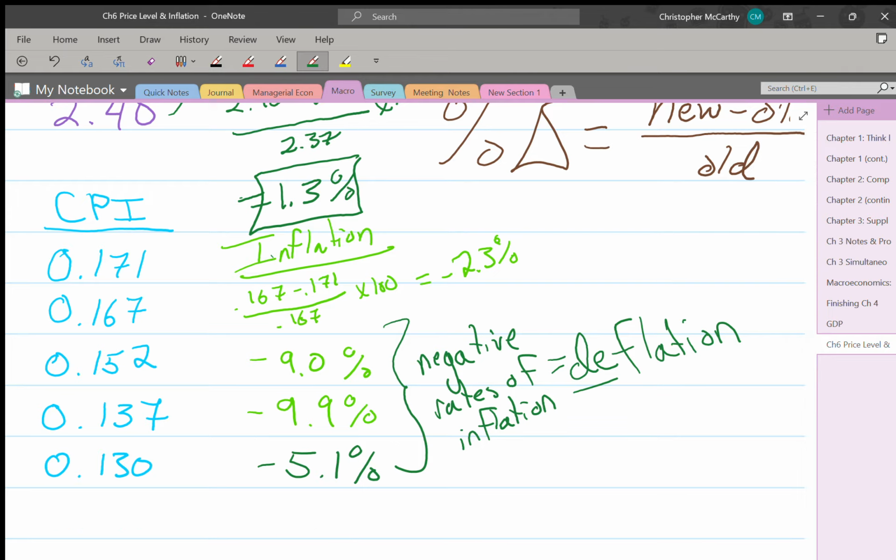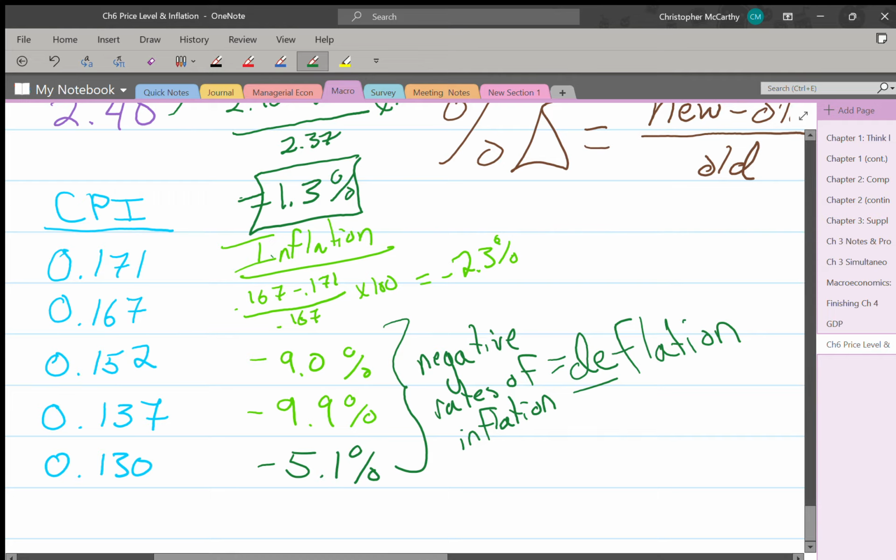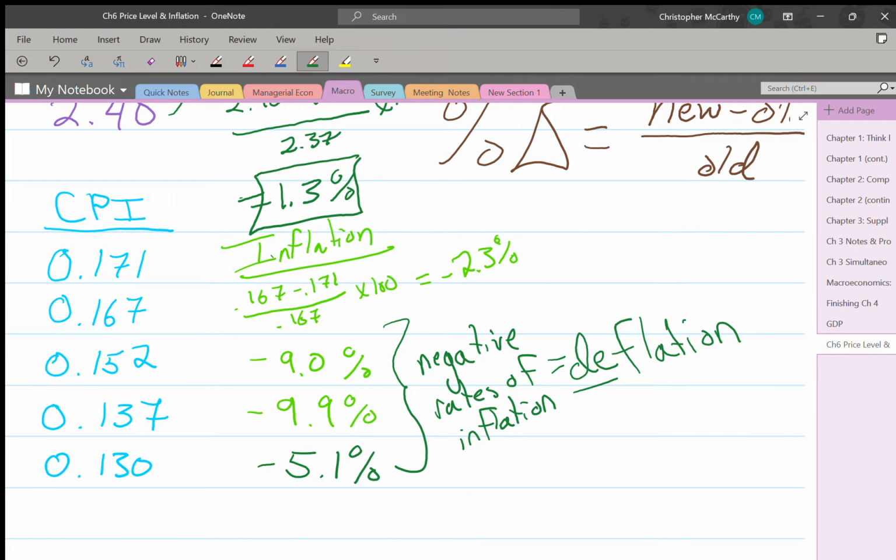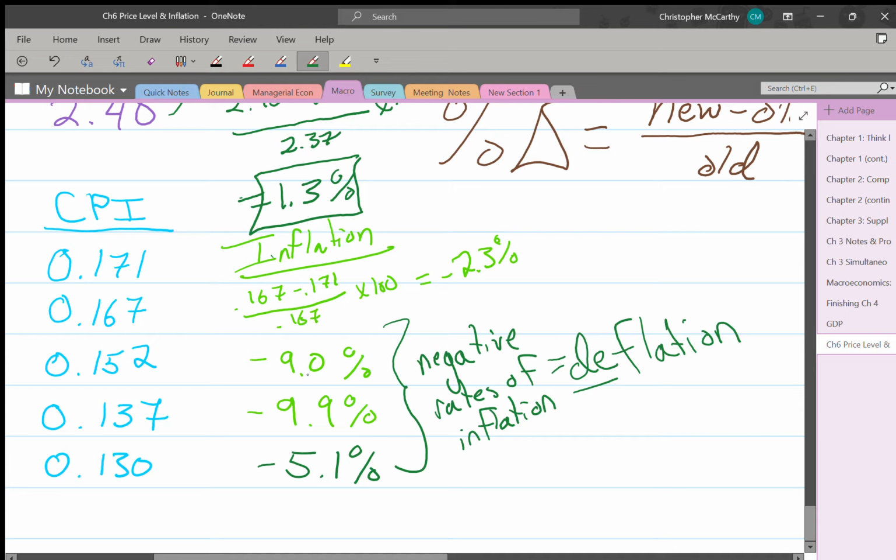Yes? Where did you get those numbers? They're from the textbook. Oh, okay. I was just wondering if you were converting them. Oh, you mean like this 9%? Yeah. Here, let's do it real quick. We take 0.152, we subtract 0.167, and then we divide it by 0.152, and then we multiply by 100.